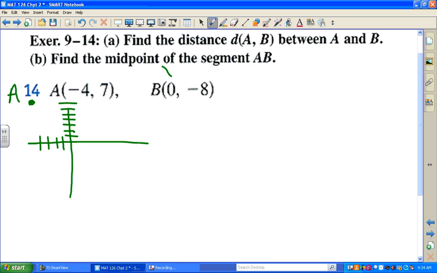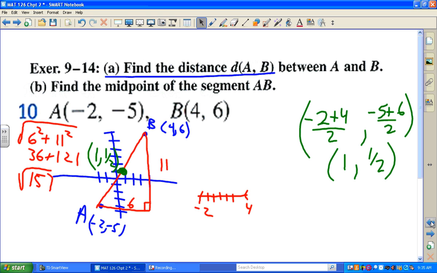I would say this is x2, and this is y2, and this is x1, and this is y1. What'd you get? I think it's 1, 1/2. Let me check. Negative 5 and 6 is 1. I think you forgot to divide by 2. Okay?